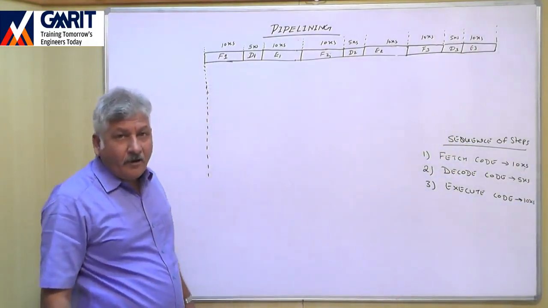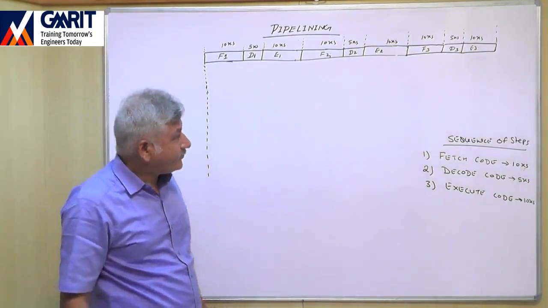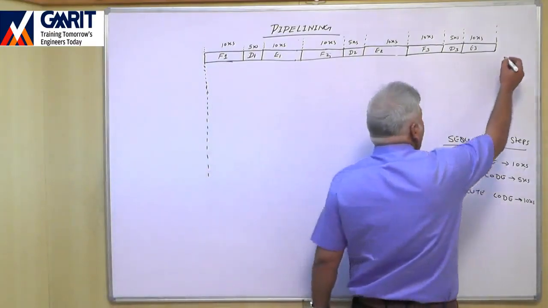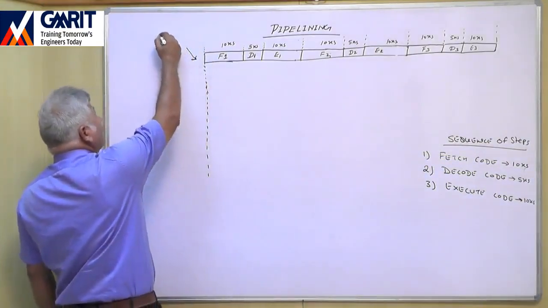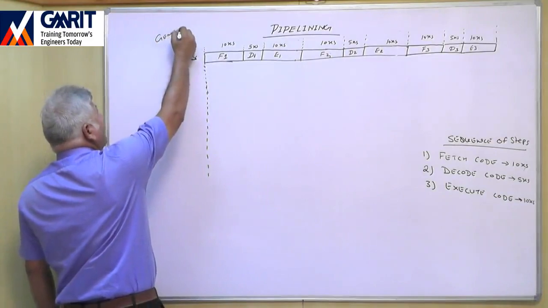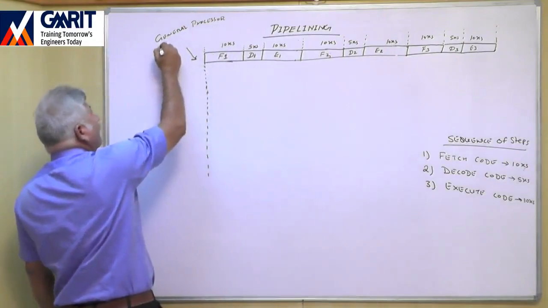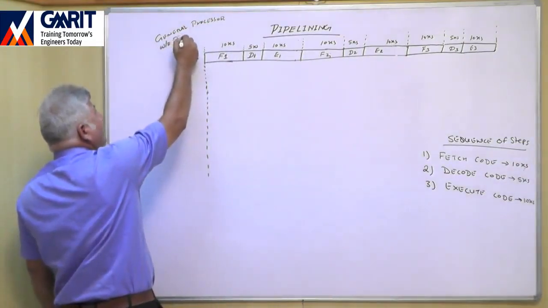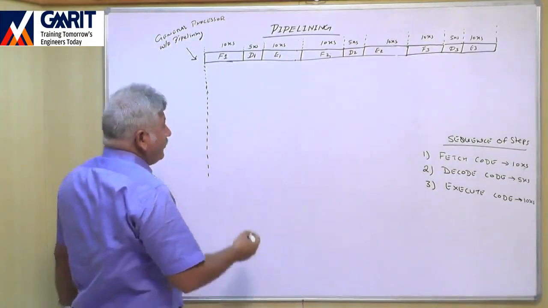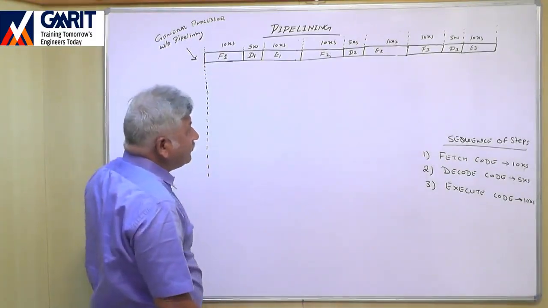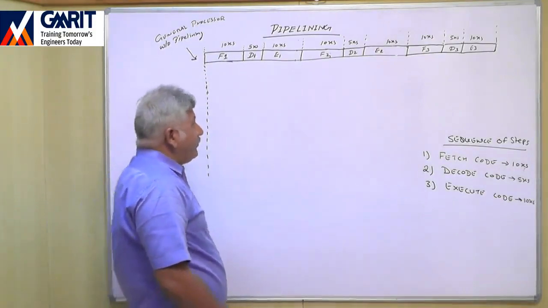In this way, a normal processor not having the pipeline concept will do the work. This is the case of a general processor without pipelining.